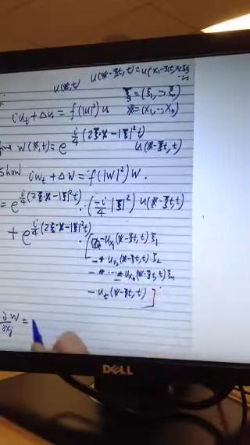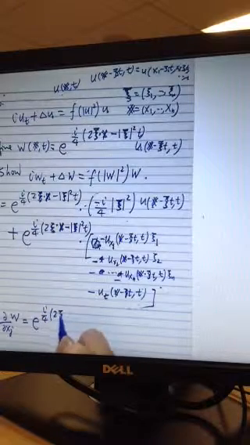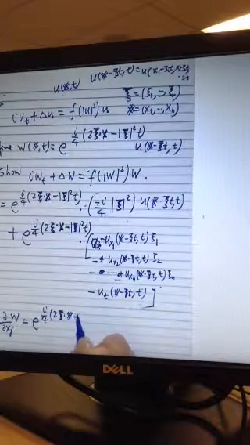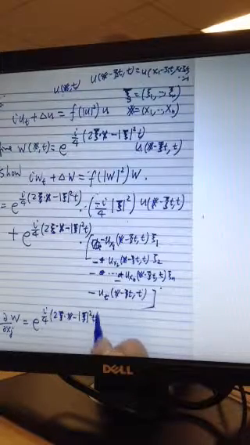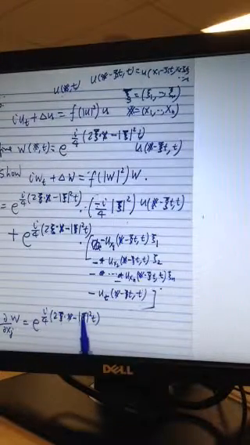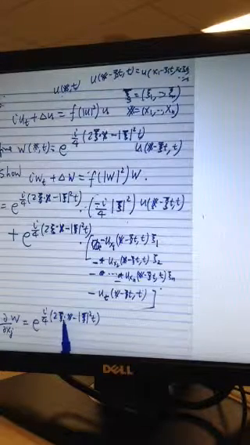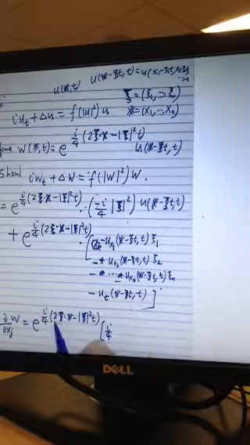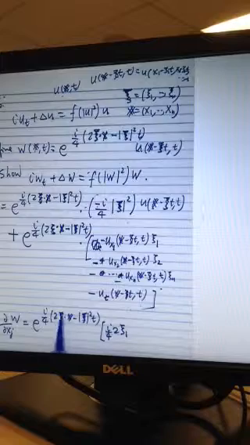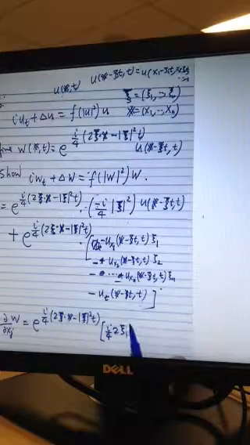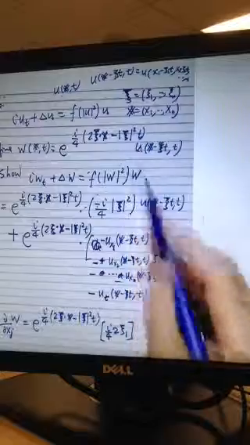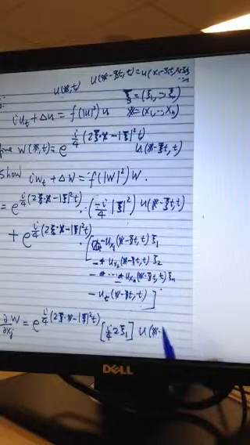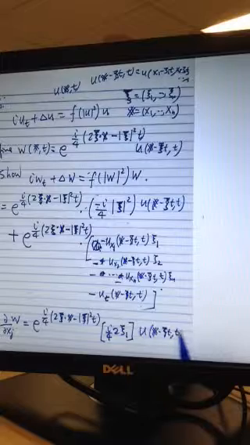Differentiate on this one, e^{i/4 (2c·x - |c|^2 t)}, the first one, and then I will differentiate this, but this doesn't have x. Only this guy has x. So when I differentiate on this one, I get i/4 times 2 c1, coming from this one, but this times this, and then times u(x - ct, t).